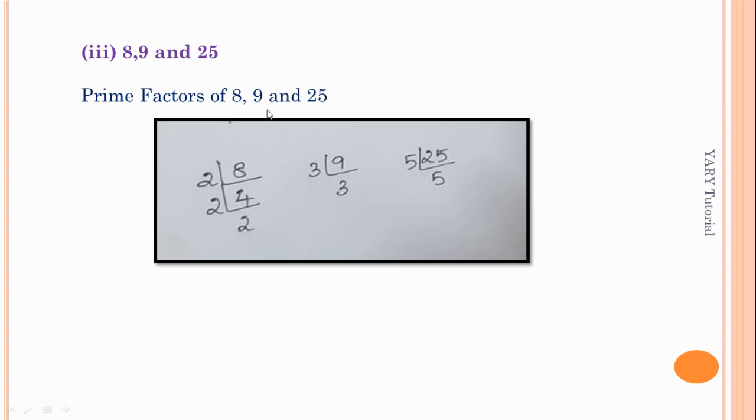Similarly, the factors of 9 are 3 into 3, or 3 square. And 5 into 5 is equal to 25, so 5 square is the factor of 25.